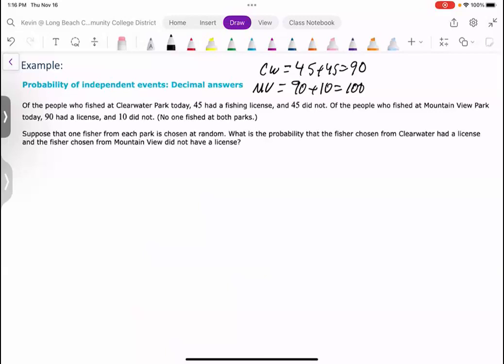Again, those are my denominators here. So we want to know the probability that Clearwater has a license and Mountain View does not.